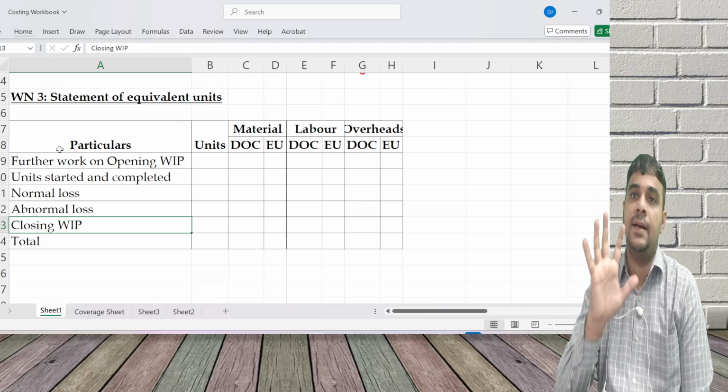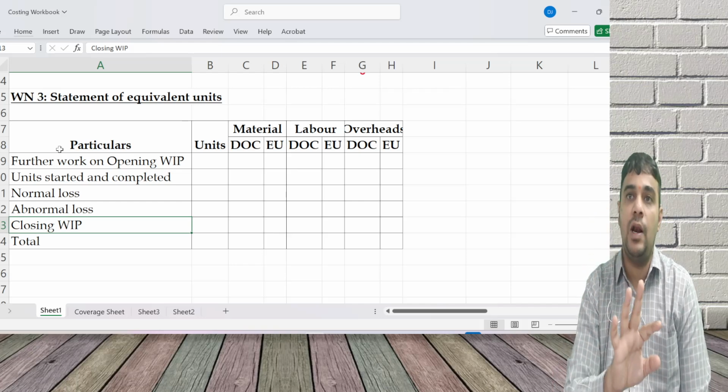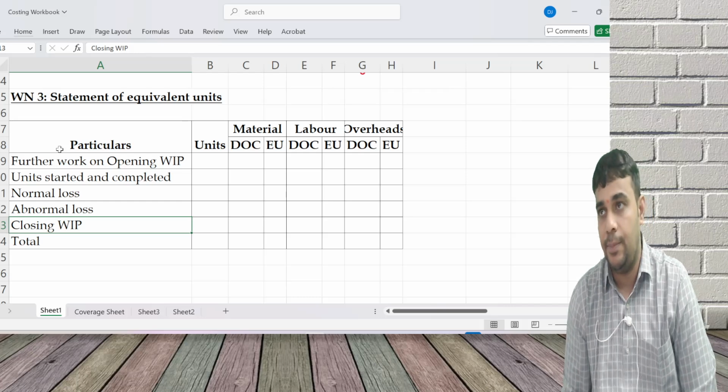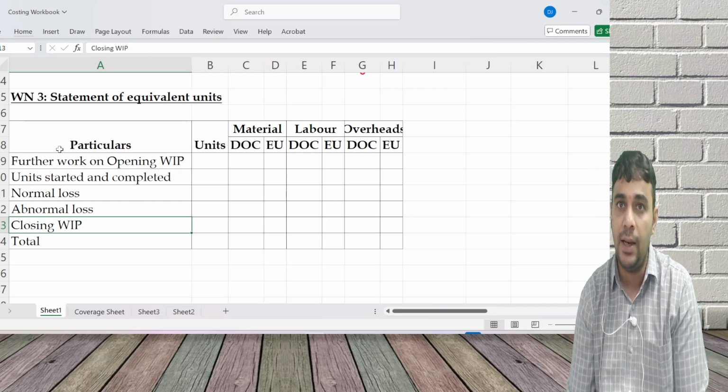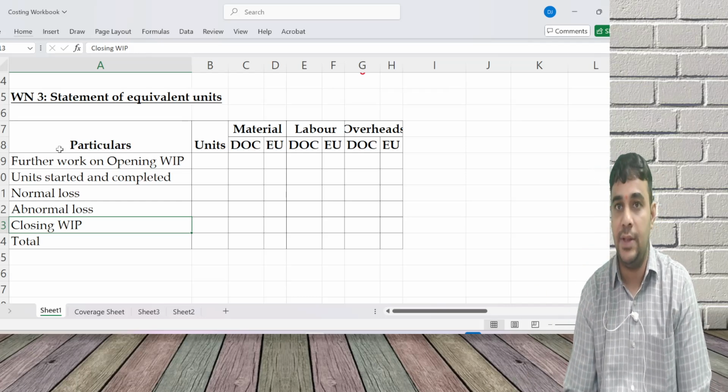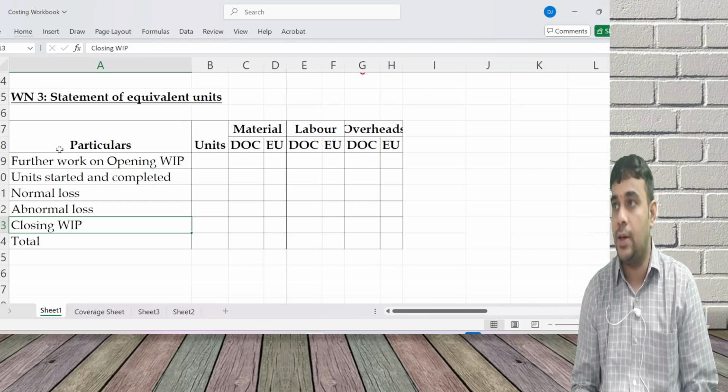These 5 line items will keep coming in this step. Abnormal loss can be substituted with abnormal gain, but these 5 line items will come in this working note.